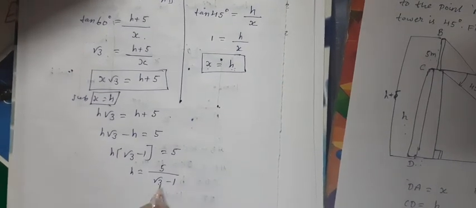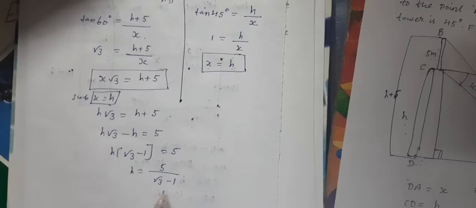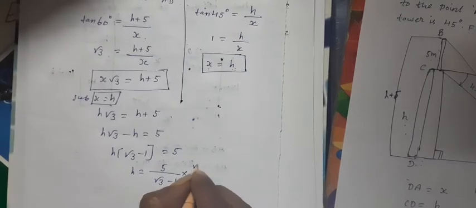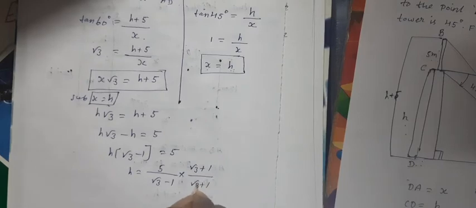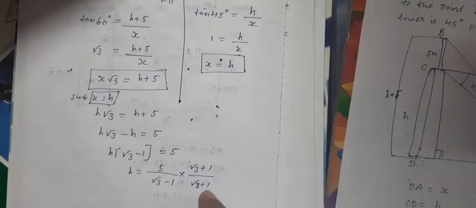Okay, so here the denominator has 2 terms, root 3 minus 1. As in the first exercise, we take the conjugate and multiply both the numerator and denominator. You know this step very well, right?